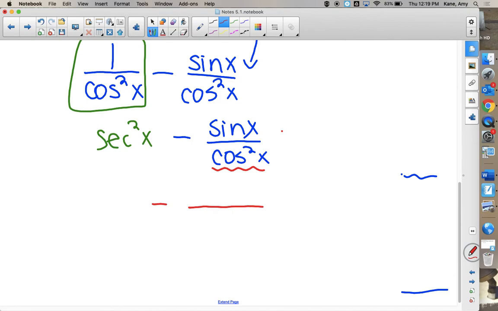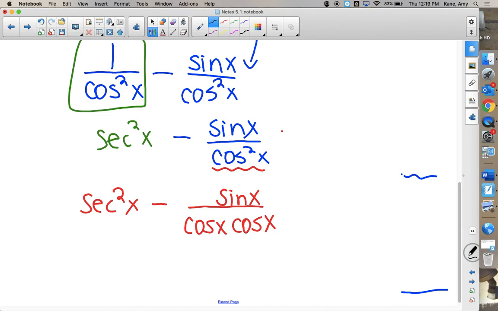X times x. So cosine squared really is cosine times cosine. So just separating it, instead of thinking of it as cosine squared, really means I have x times x, or cosine times cosine.